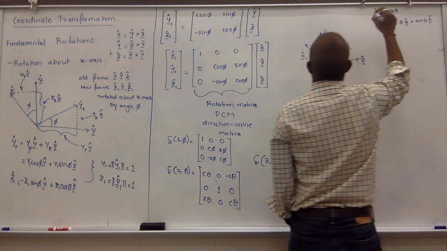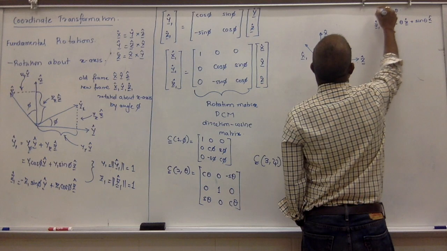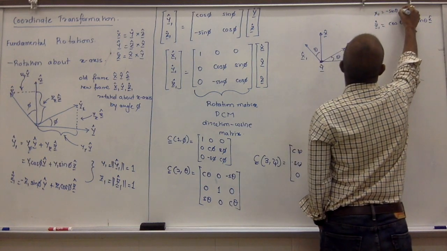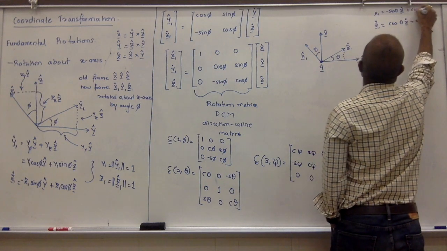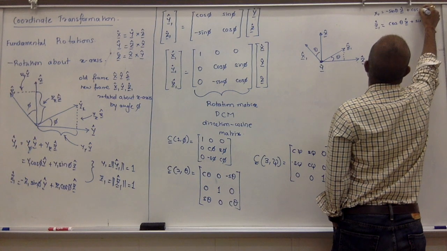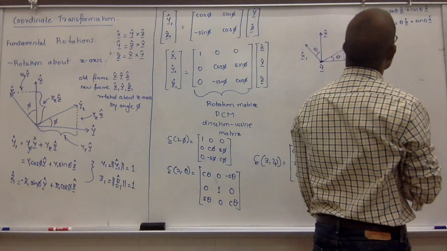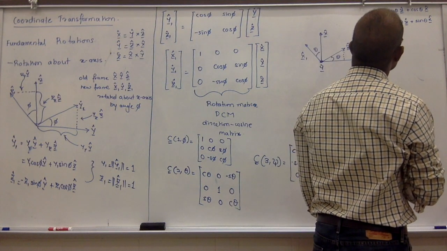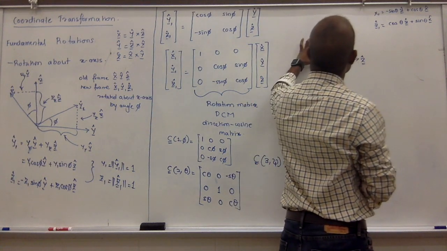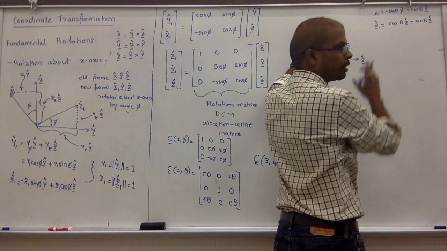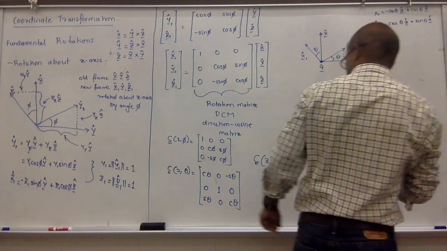X1. This is about the y-axis. X1 is minus sine theta z plus cosine theta x. No, see, this would be minus, okay? This would be positive. It's going up still. Both are positive here. Now it has to be that way.